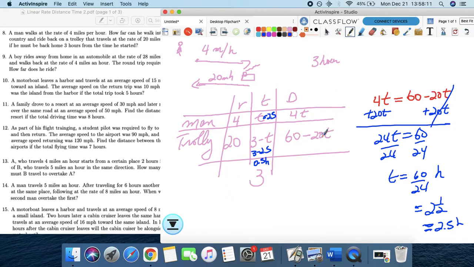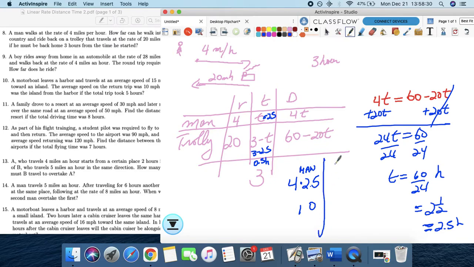If you want to take this extra step, just to double check, the distance the man traveled was 4 times t, or 4 times 2.5, which equals 10 miles. Now the trolley also has to travel the same.